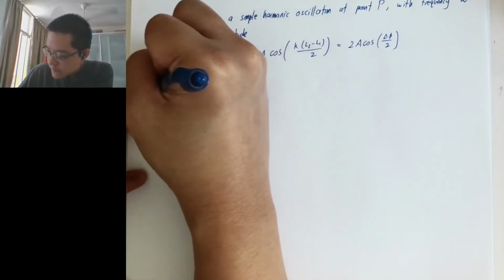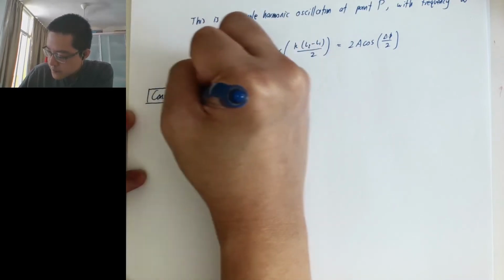So for constructive interference, I want to study the case for light.